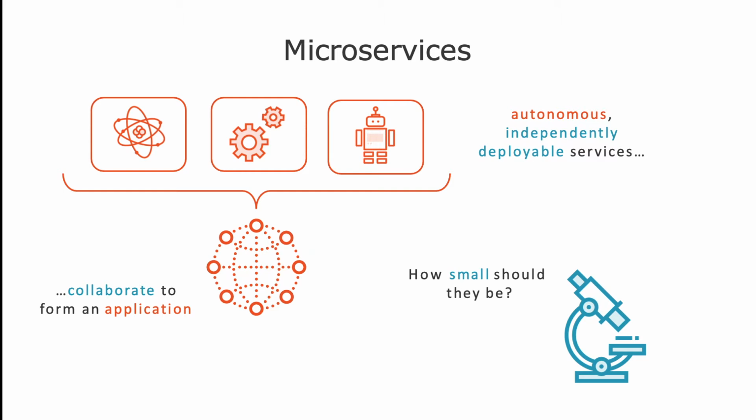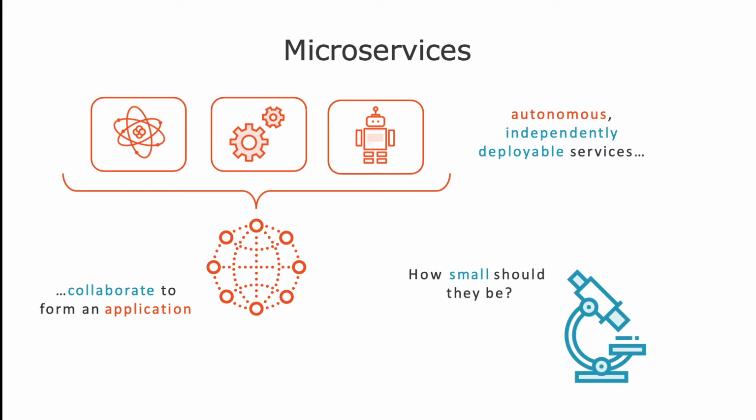Imagine that we have a system with different business capabilities, like an e-commerce website, for example. In this e-commerce website, there are business capabilities for managing the catalog, or managing the PIM, the product information management, or managing a basket, or managing the shipping and the payment.